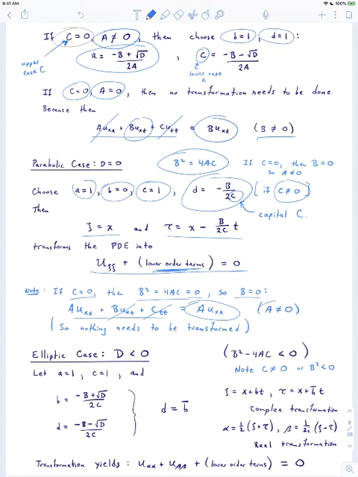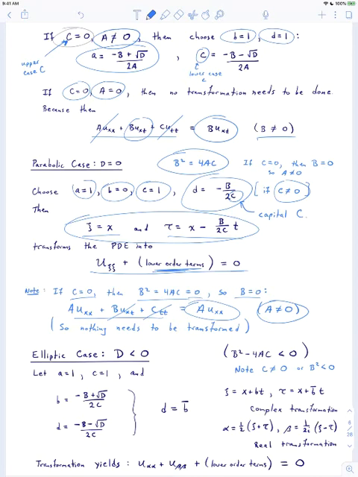And again, a can't be equal to 0 if b and c are both 0, because then you won't have a second order partial differential equation. So again, in this case, if c is equal to 0, then it's already canonical form and you don't need to do anything. And if c is not equal to 0, then you use this transformation right here to get it into canonical form.